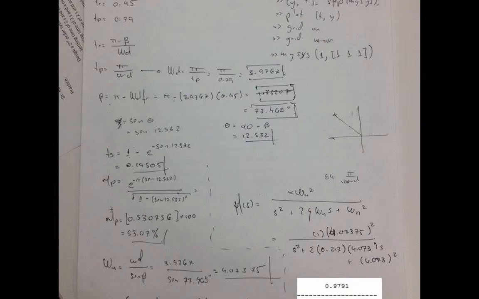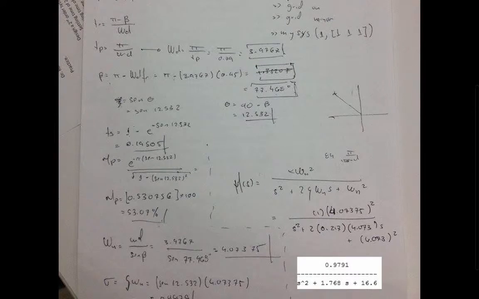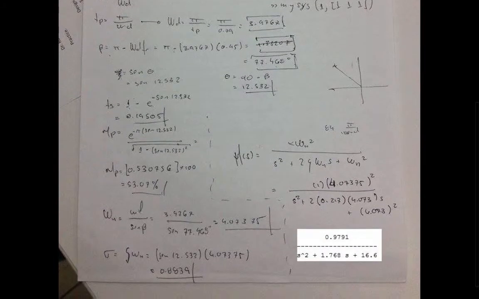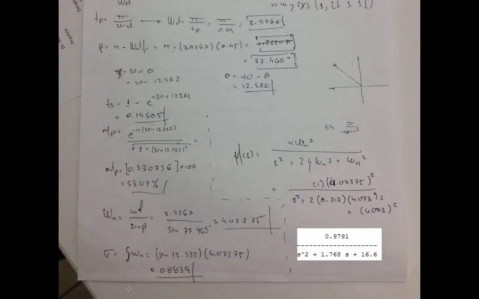After we calculate the overshoot, we pass to calculate the omega n. So omega n is equal to omega t divided by sine of beta. We already have these two values.